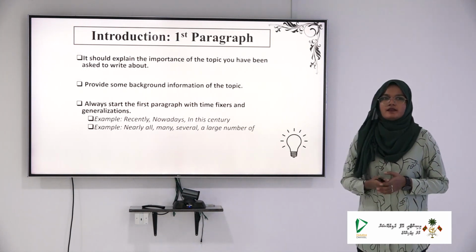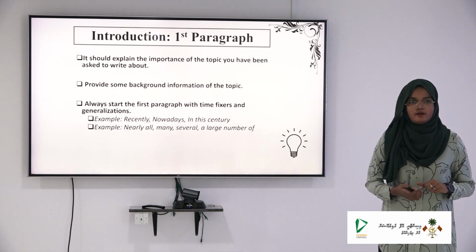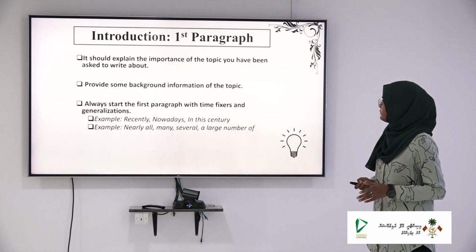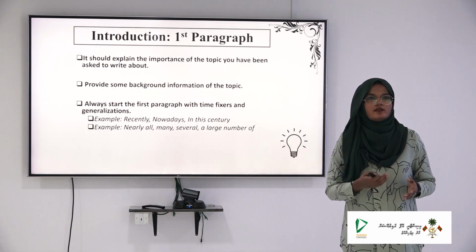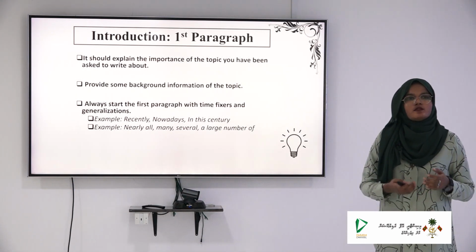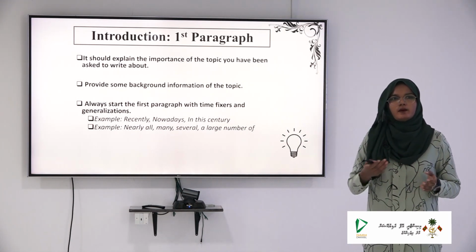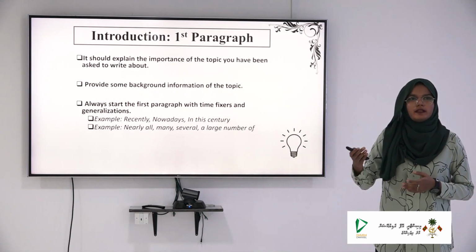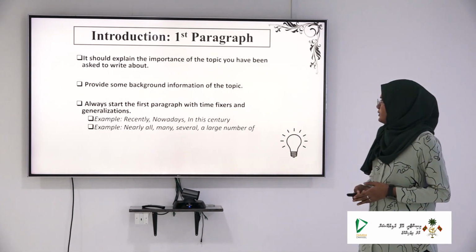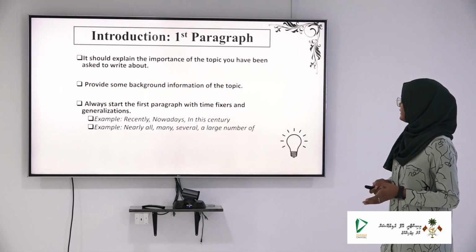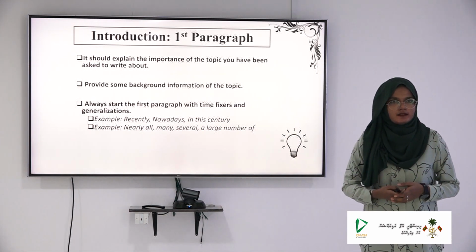The next thing is, one of the main factors that we should always remember is we have to always start the first paragraph with time fixes and generalizations. Now, I'm sure all of you have read argumentative essays which start with "nowadays, a lot of people believe this," and go on. So here are some examples that I've taken so that it would be better to understand.